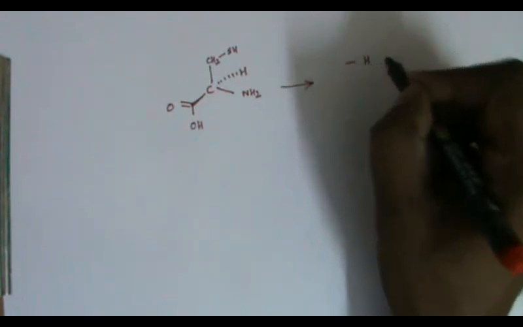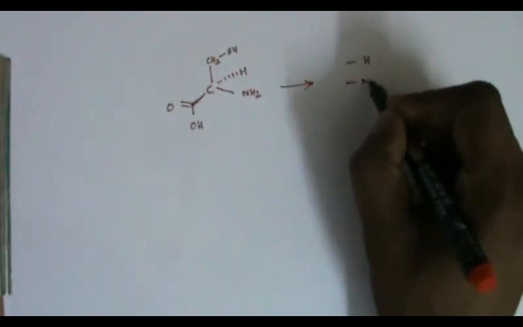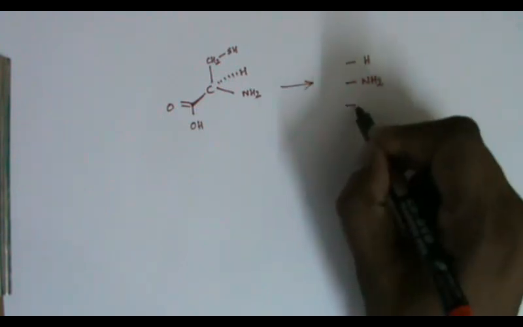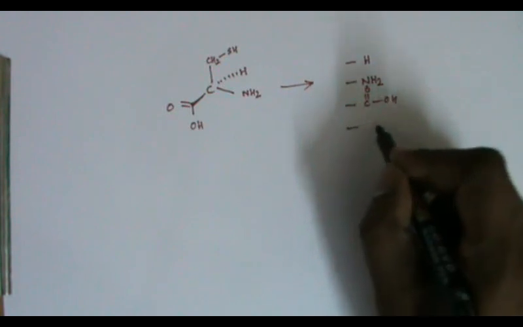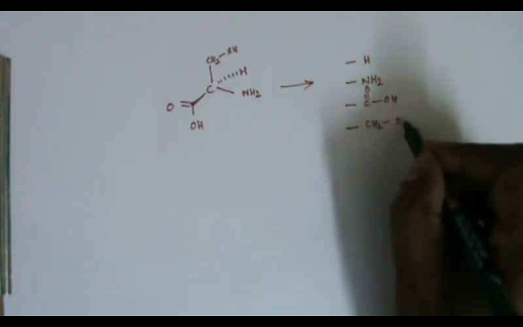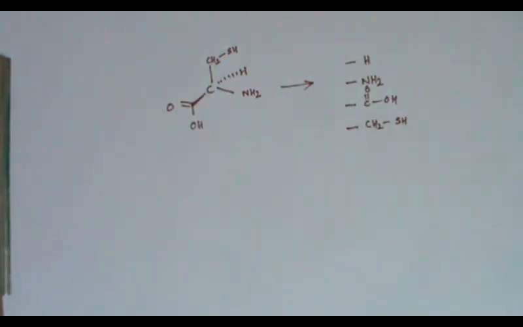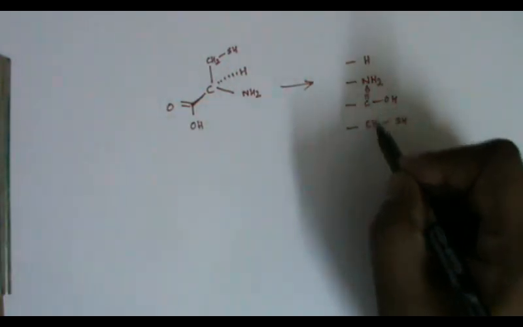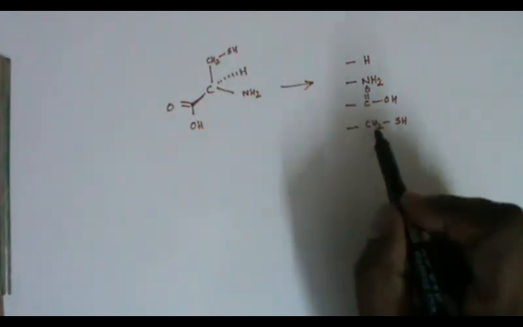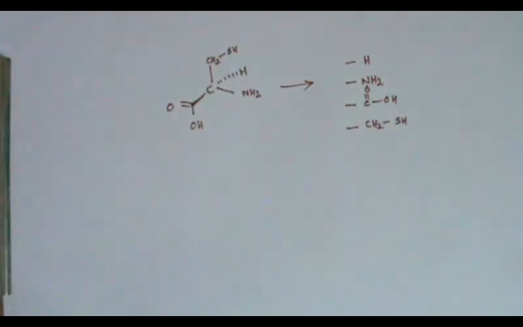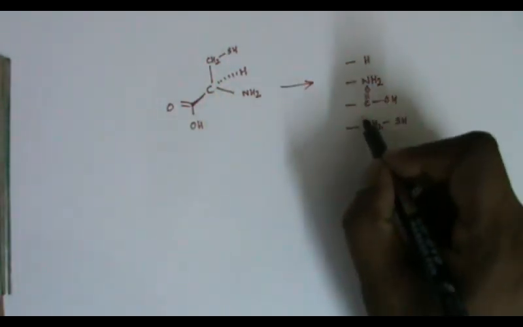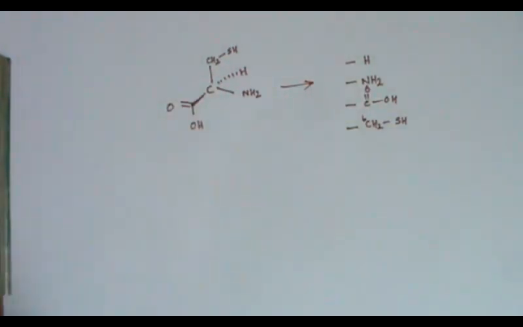The first one, hydrogen. The second one, NH2. Third one, COOH. And the fourth one, CH2SH. In that, for these 2 carbons, the atoms attached to this carbon are carbon and carbon, so they are the same, with atomic number 6.